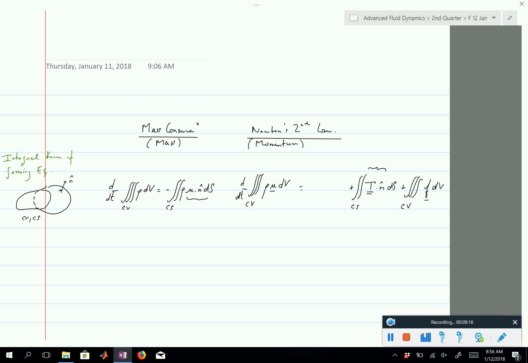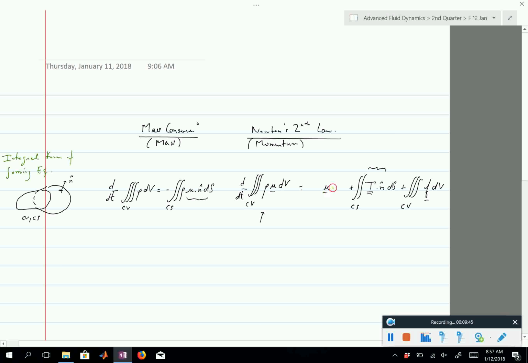Anyway, so this is exactly Newton's second law, except we have an open system. So another reason why the momentum inside of the control volume may change is because you have more momentum coming in than momentum coming out. So you have a non-zero net momentum flux coming out of your control volume. So you have to add the same term, which corresponds to this term here in the mass conservation equation. So you take the volumetric flow rate.